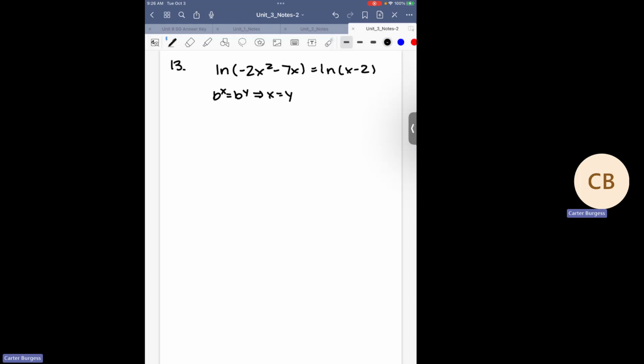Just like that, we also can say that if I have log base b of x equals log base b of y, then also x must equal y. These are our one-to-one properties.